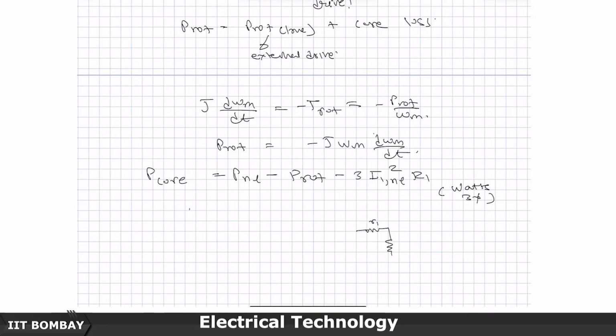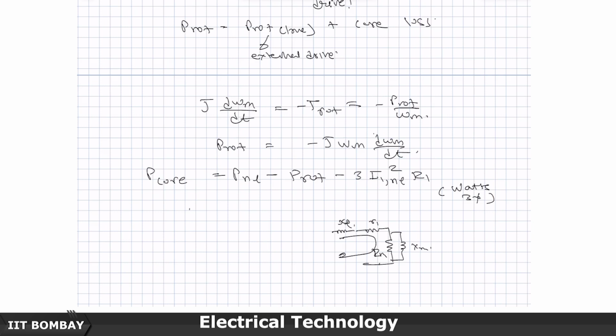This Rm is a much larger value, and then of course there is an Xm sitting here, and XL1 also sitting here, and the current is flowing like this.